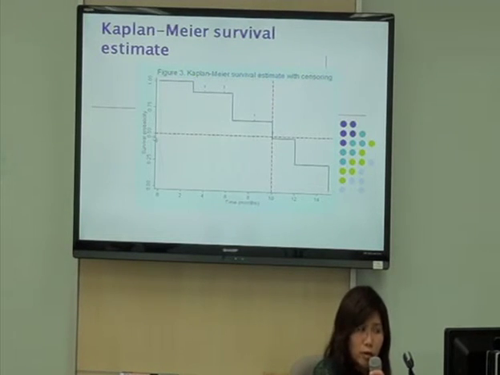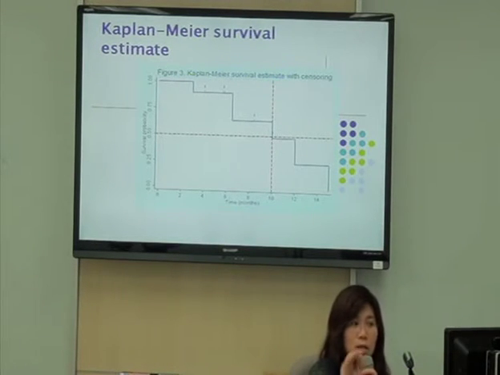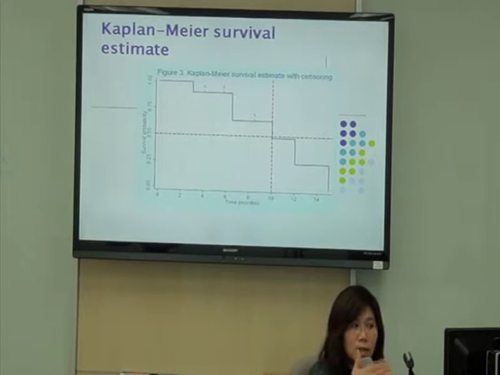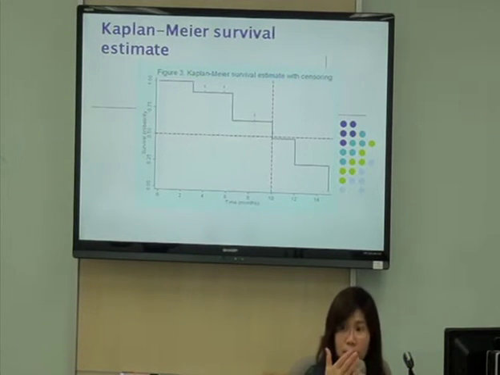And when you draw the line at 0.5 survival probability, what does it mean here? It's the median time, right? So this is what we want from Kaplan-Meier survival curve estimation. We want to know the median time of the group of interest, and we can compare them.